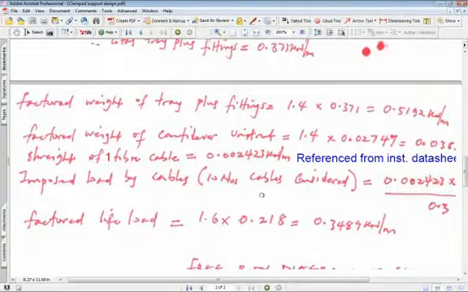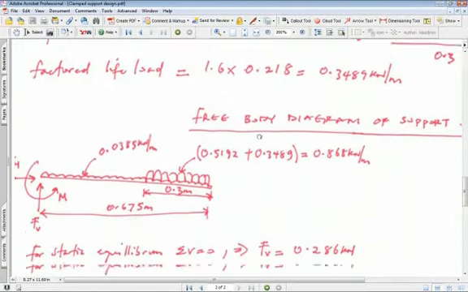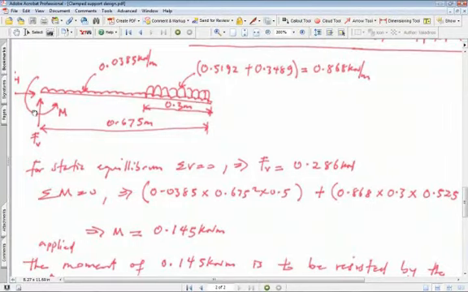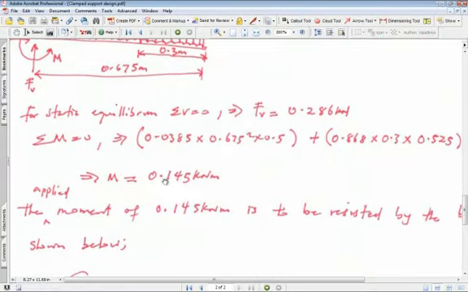After the weight estimation, the cantilever was analyzed to determine the reactions FV, FH, and the moment at the end restraints. The moment was obtained as 0.145, and the vertical force as 0.286.